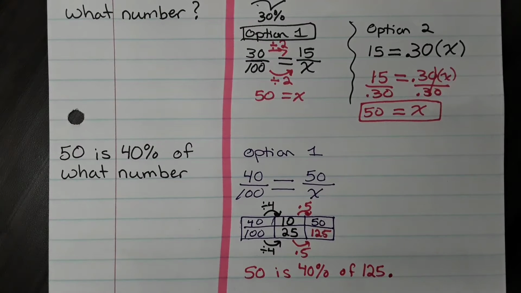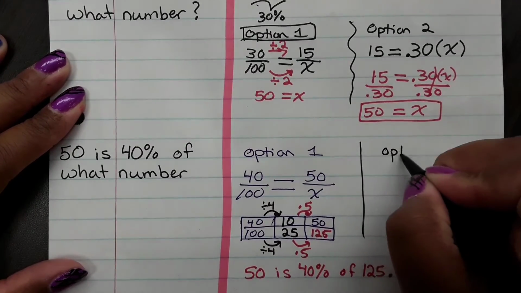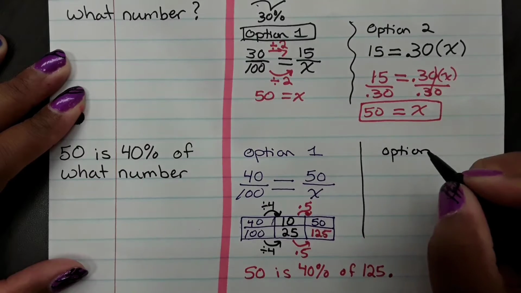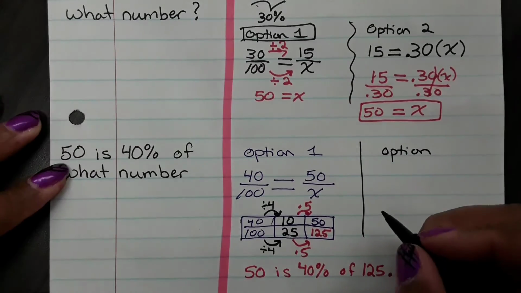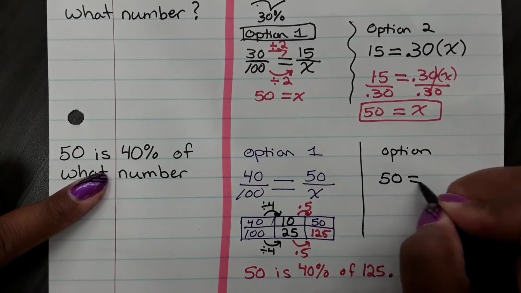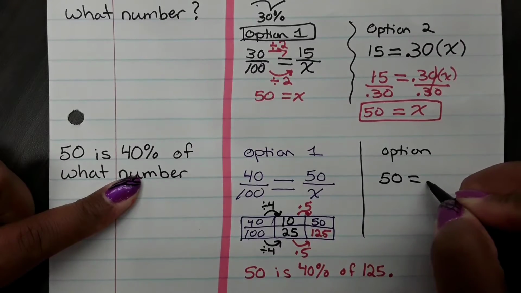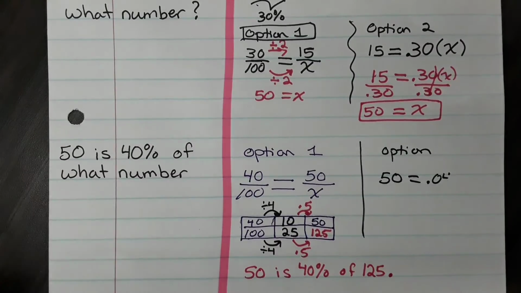Now to do the same problem with our option 2, which is our equation, it would set up like this. We have 50, so we copy that down. We know is means equal to 40%. We write that as a decimal, 0.04. Oops, nope, I got that wrong.